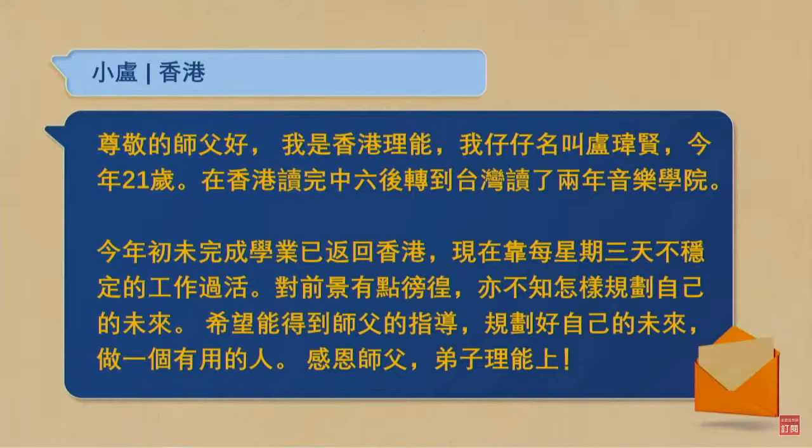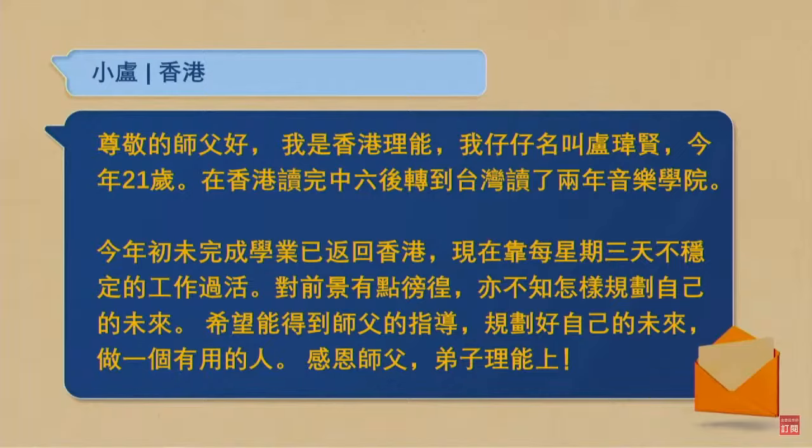After graduating from high school in Hong Kong, he studied music for 2 years in Taiwan. Earlier this year, he dropped out and came back to Hong Kong. He worked an unstable job every Wednesday. He lost his future and doesn't know how to plan it. He wishes to receive Master's guidance, plan his future, and become a useful person. Thank you, Master.